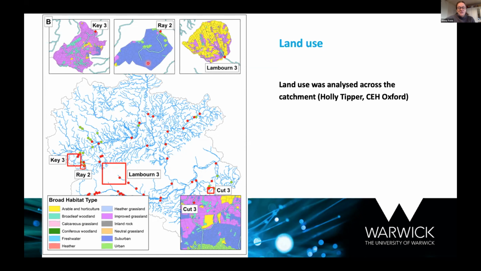In the Ray 2, it's very suburban and urban, with the suburban in blue and the urban in green. Whereas Lambourne 3, for instance, has a lot of arable and horticulture as well as some grassland. And Cut 3 is quite mixed, with improved grassland and suburban and urban.